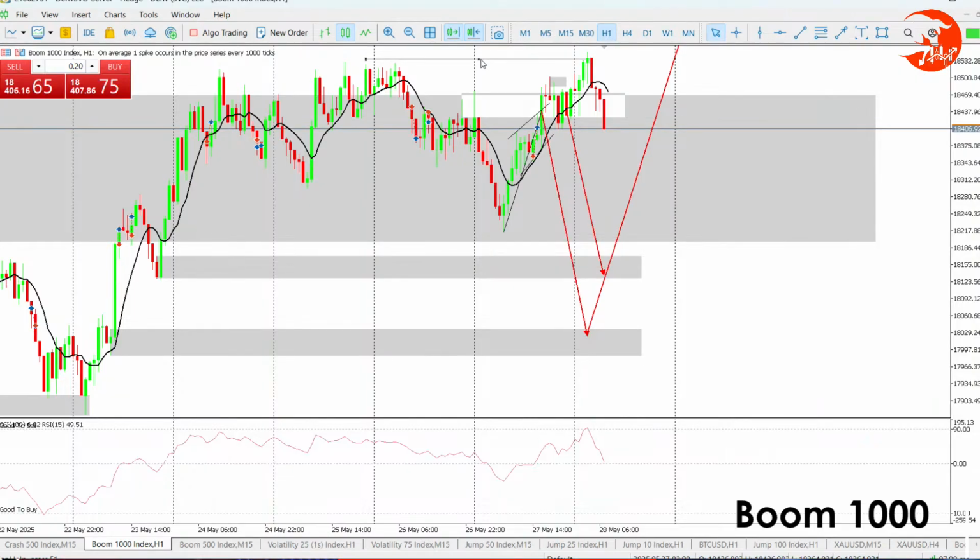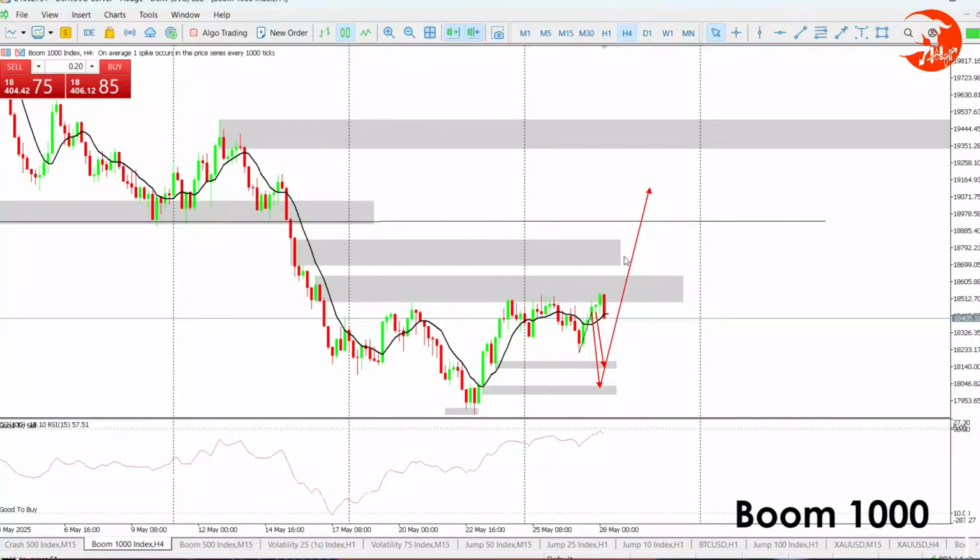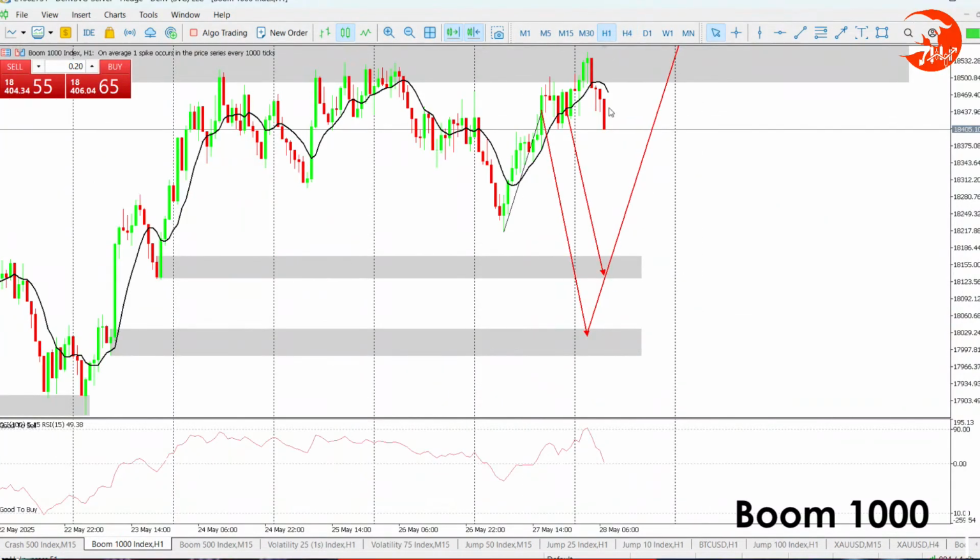You can clearly see, I told you about this, that price normally looks for. All we need is retest on the next H4 candle, which is coming. So we are going to be looking for buys in the next H4 candle.